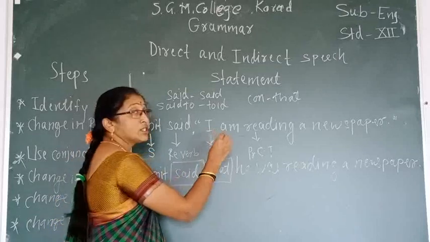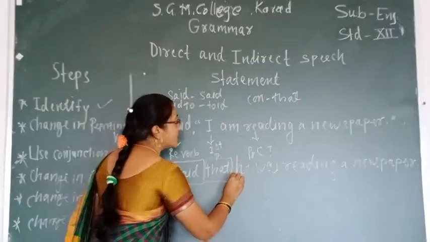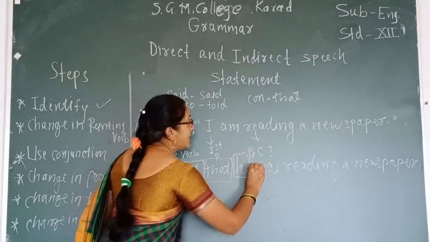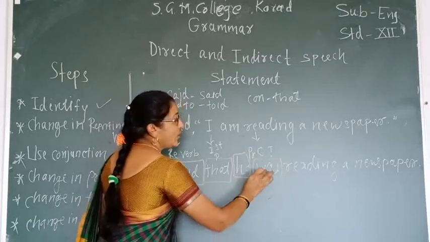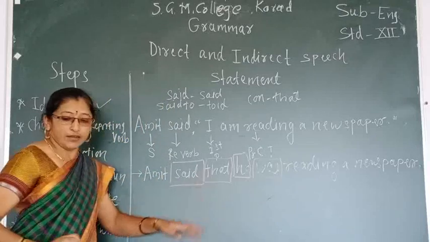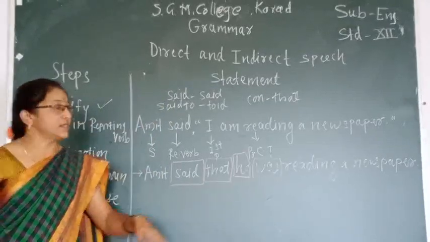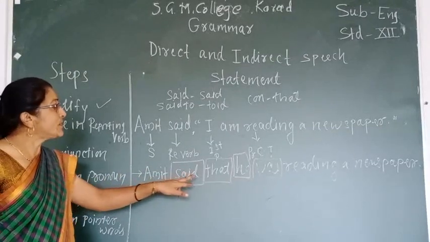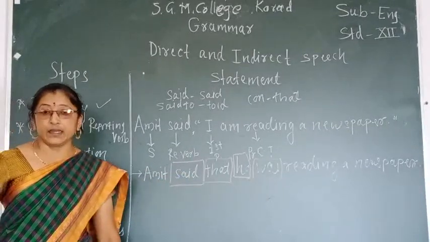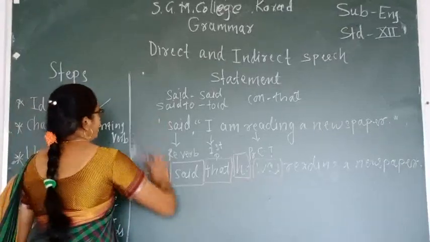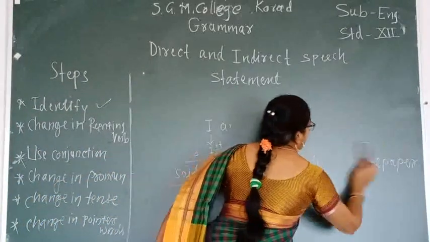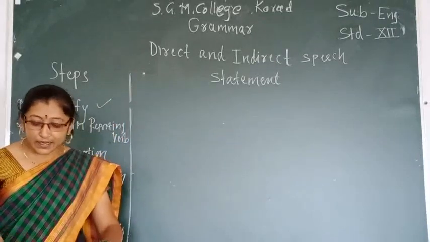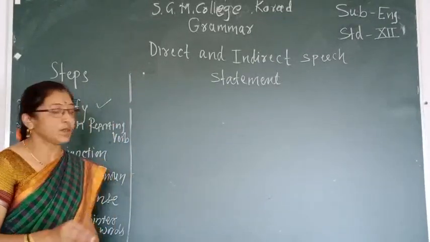Then the first person pronoun we change into third person he. And the tense is changed in indirect speech: was reading. The final sentence in indirect speech is Amit said that he was reading a newspaper. Okay, understand? Now I will take one more example.